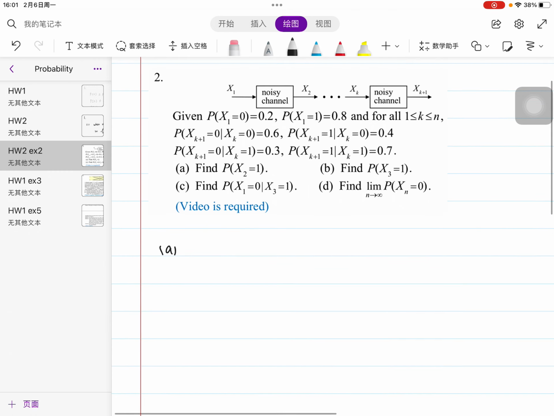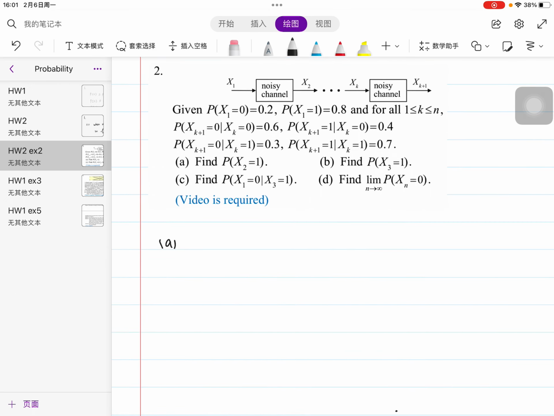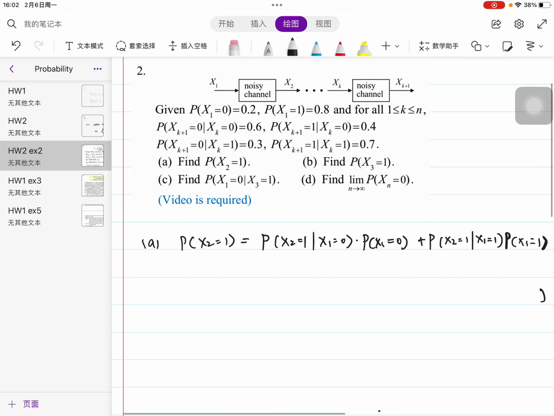And for the first question, we want to find the probability of x2 equals 1. So here, for x2 equals 1, we have two situations. That is, we transmitted 0 to 1 times x1 equals 0, plus here we transmit 1 to 1 times x1 equals 1, right?